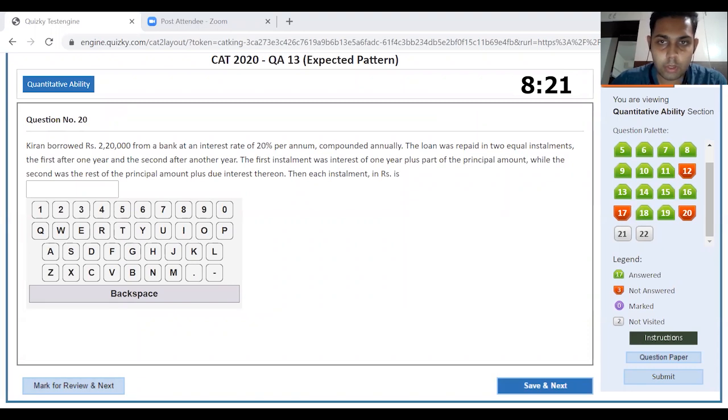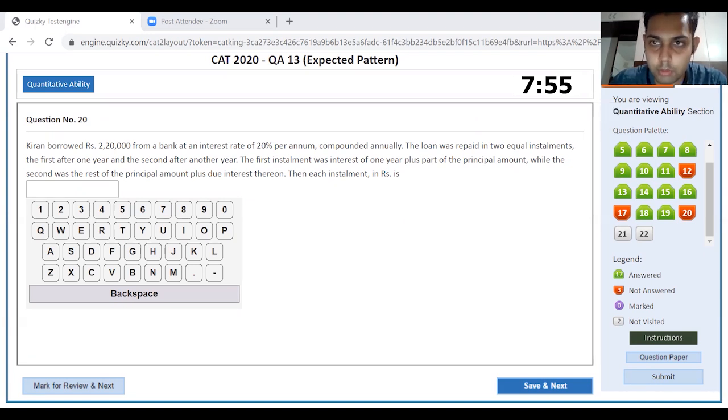$1.2 into 1.2 into... right. This is accumulating the second year interest.